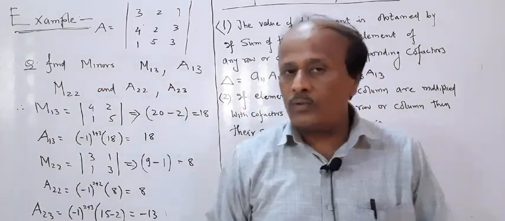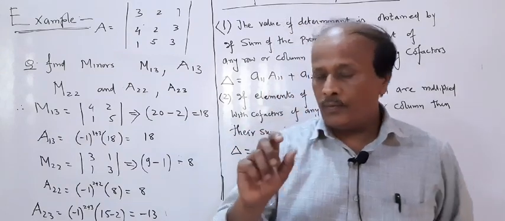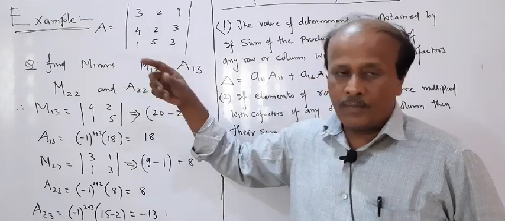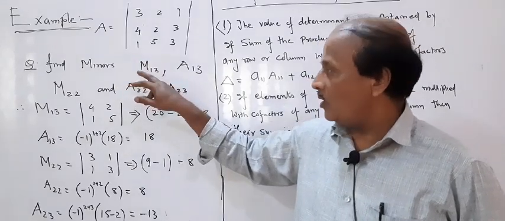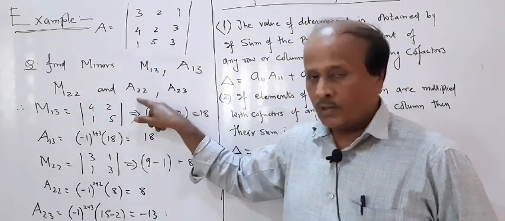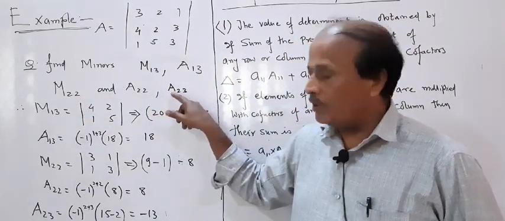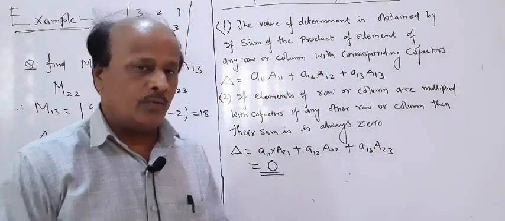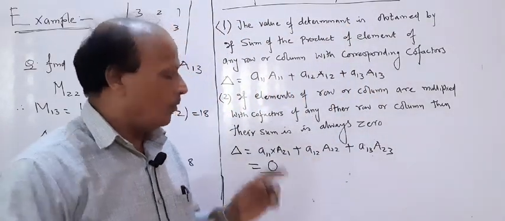They will tell you with the help of symbols, for example, in a 1 mark or 2 marks question, find M13, A13, M22, A22, maybe M23 or A23. With 2-3 examples, you will become familiar with minors and cofactors.